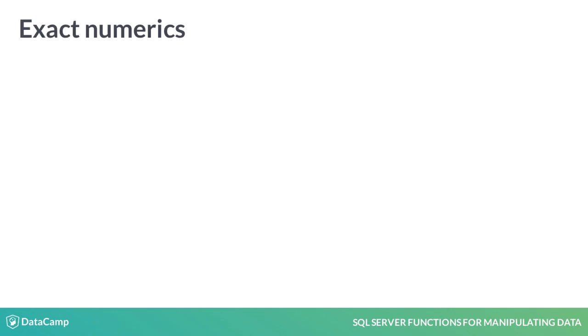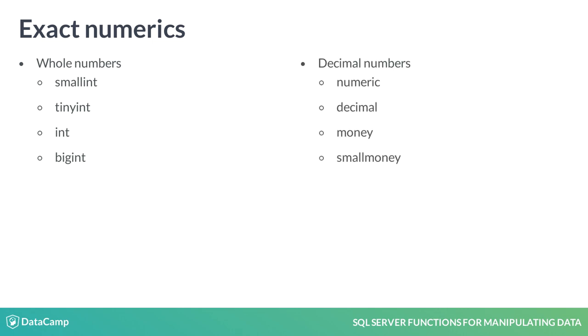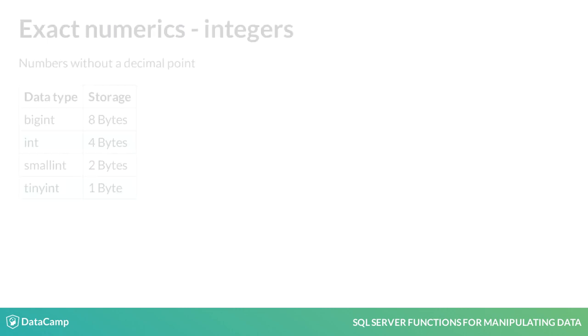An exact numeric data type stores the literal representation of the number's value. They are split in whole numbers: smallint, tinyint, integer, bigint, and decimals: numeric, decimal, money, smallmoney.